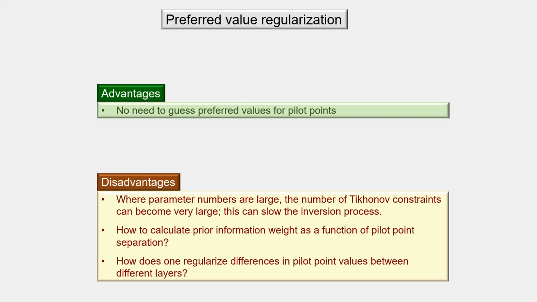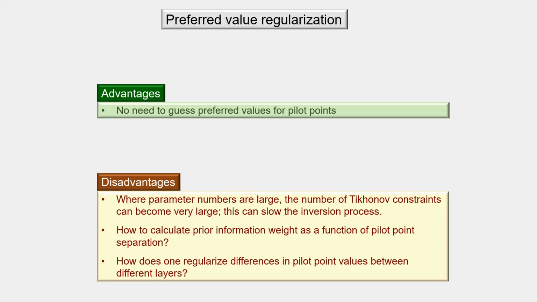Where parameter numbers are large, the number of prior information equations expressing these preferred homogeneity relationships becomes even larger because we have to associate a number of equations with each pilot point. And this can slow down the inversion process. It can slow down handling of that large Jacobian matrix.